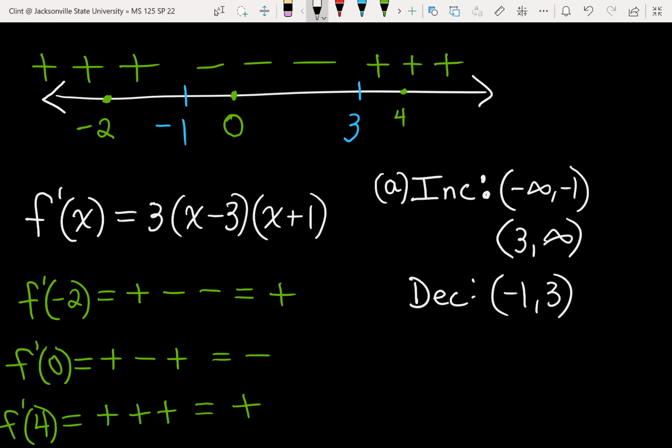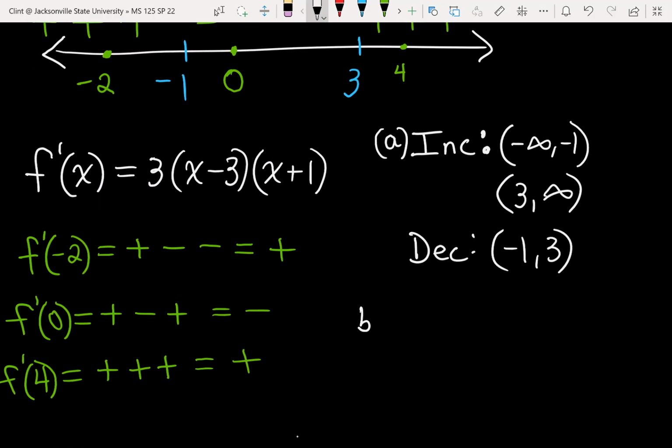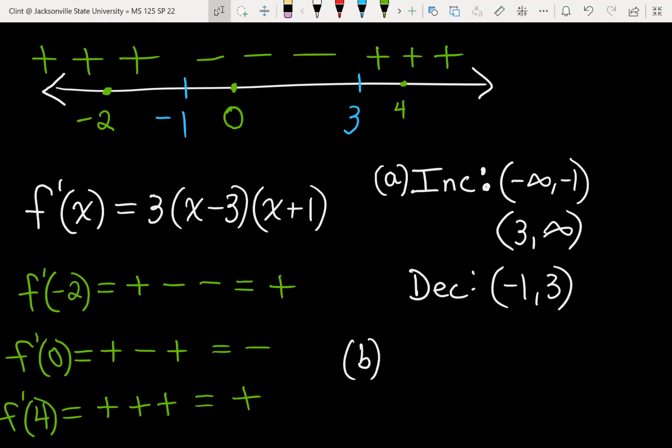Okay. So we've got 2 sign changes. We got a sign change at -1. Our sign goes from positive to negative. So that's going to be a local extrema, but which kind is it? Is it a minimum or a maximum? So think about what that's telling us. This is charting the sign of our derivative. So that's saying our function has positive slope, and then it changes to negative slope.